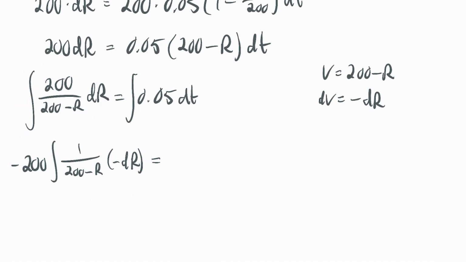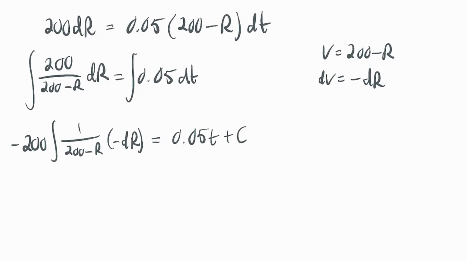The right-hand side, I'll go ahead and leave as is. Well, yeah, let's go ahead and do this. 0.05 t plus c, as with the other examples. The left-hand side is the hard part. So now on the left-hand side, I can change over to the other variable, v, so negative 200 times the integral of 1 over v dv equals 0.05 t plus c, all right?